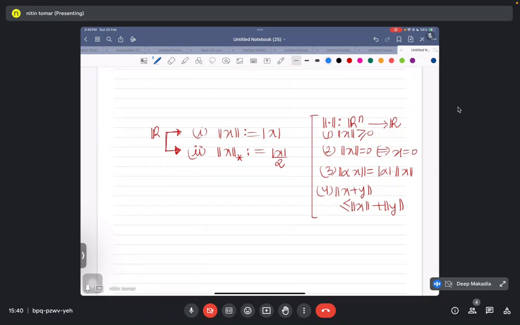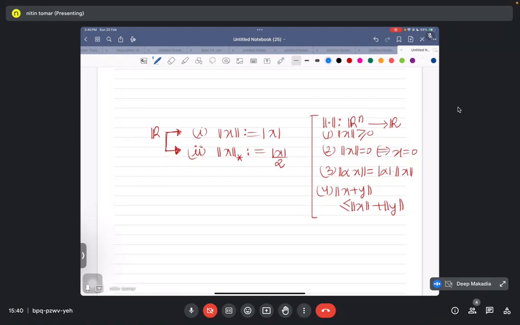So first, there are two notions of distance here at present, mod x and mod x by 2. Now what should be the natural question? Are these two distances equal? The answer is clearly no. The next question could be, okay, they are not equal, but can I compare them? If I have the norm x, can I get some estimate for norm x star?